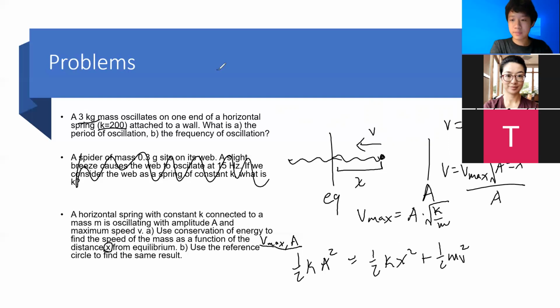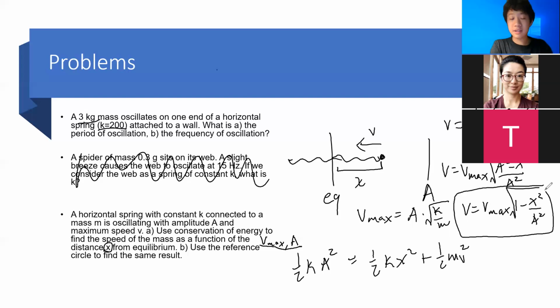Then we can put this a inside the square root, making it a squared, and do a little bit of simplifying inside. v equals v max times the square root of 1 minus x squared over a squared.